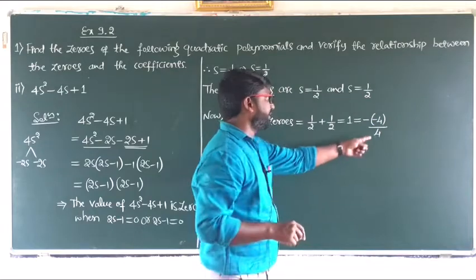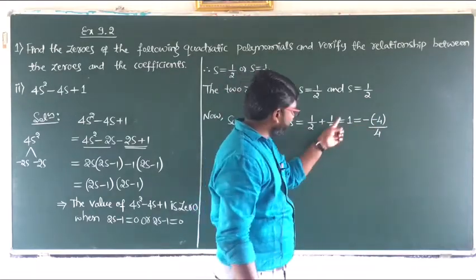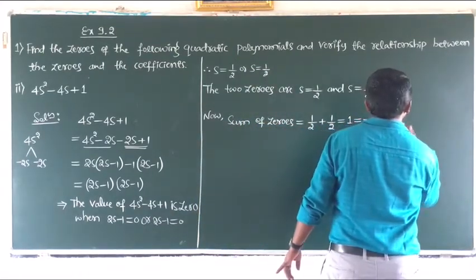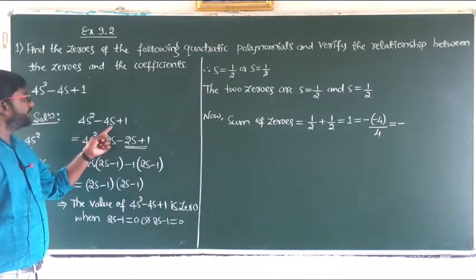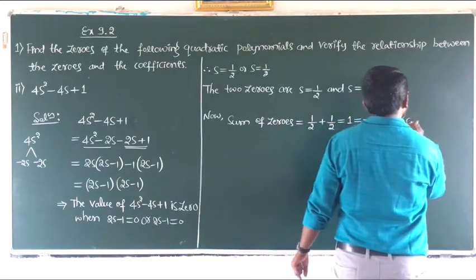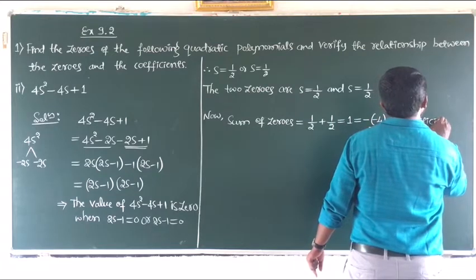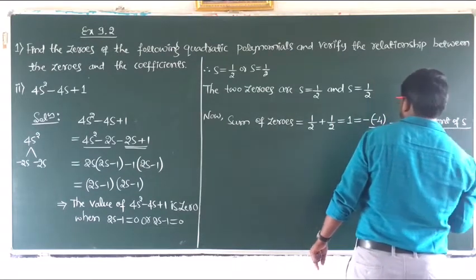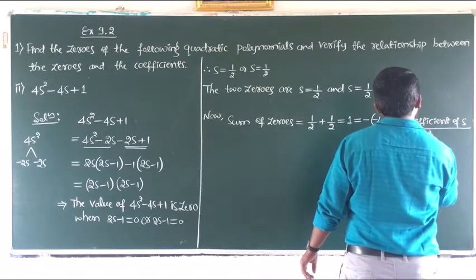Here 4 and 4 get cancelled, so we get 1, and minus into minus is plus. So write minus as it is; minus 4 is the coefficient of s, since the variable is s now. So it is minus coefficient of s, whole divided by 4, which is the coefficient of s square.